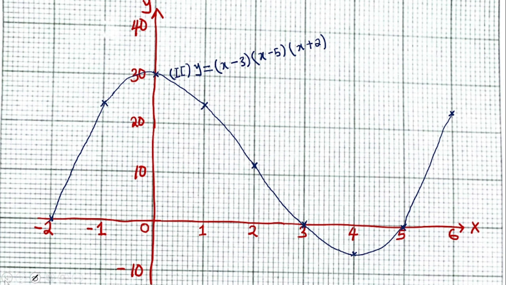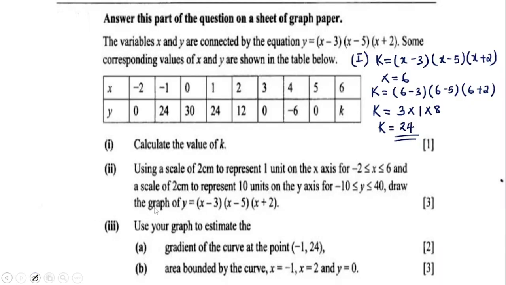We continue. The question further says use your graph to estimate the gradient of the curve at the point -1, 24. Now, how do we find the gradient there? We are supposed to draw a tangent.